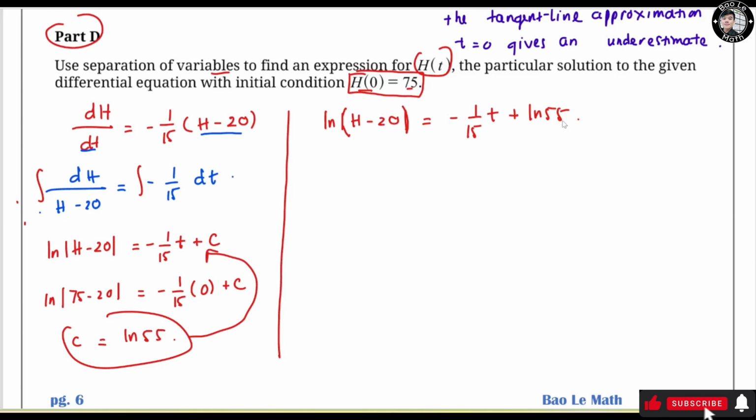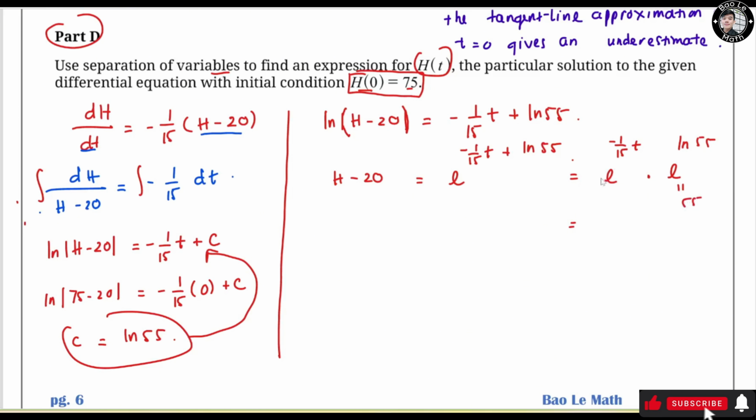Now we just exponentiate both sides. So h minus 20 equals e raised to the negative 1 over 15 t plus ln 55, and this is e raised to the negative 1 over 15 t times e raised to the ln 55, which is 55.